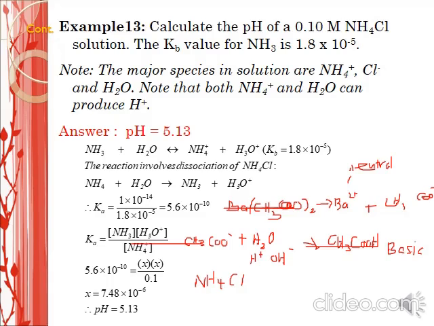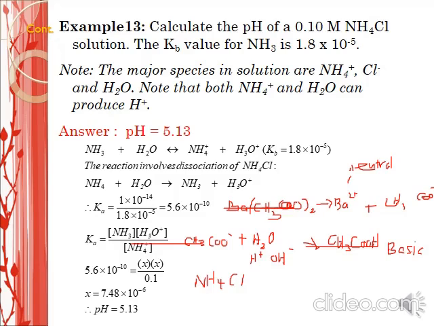Now let us look at the cation NH4 plus. We add H2O and we get NH3 plus H3O plus, like the previous example.